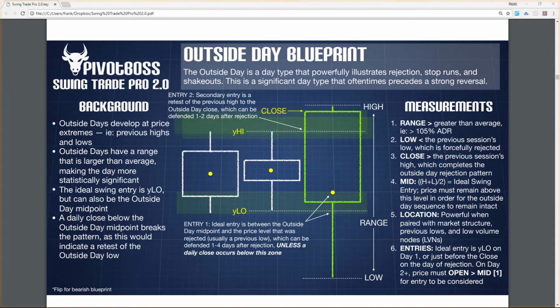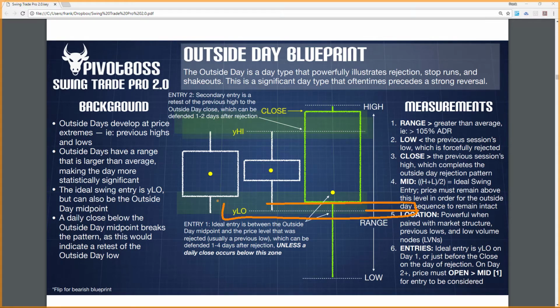So the ideal swing entry is the previous low. Again, that point right there. If you can identify that area is being rejected early on, you can get in right at that level on a retest before it goes. Or you can wait for the upcoming day for a pullback and defend that way. But for the most part, the previous low is significant, as is the midpoint of the day.